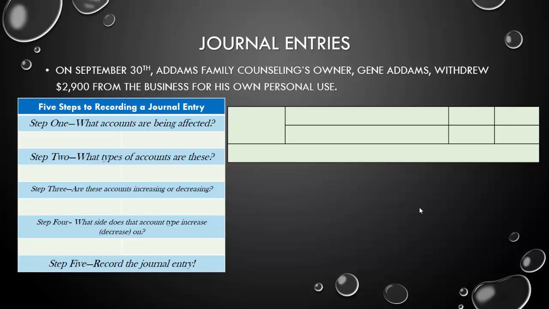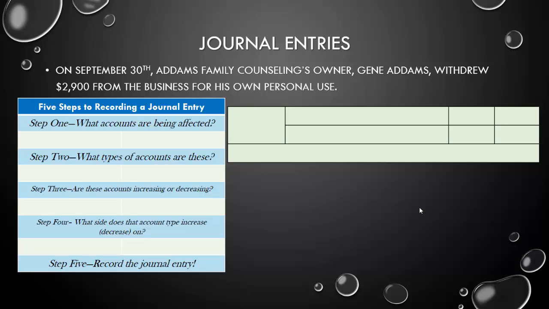Additionally, on September 30th, Adams Family Counseling's owner, Gene Adams, is going to withdraw $2,900 from the business for his own personal use. If an owner wants to use business funds for his or her own personal use, they need to first formally withdraw it from the business. Let's assume, for levity's sake here, that Gene Adams is going to buy a jet ski with his $2,900.